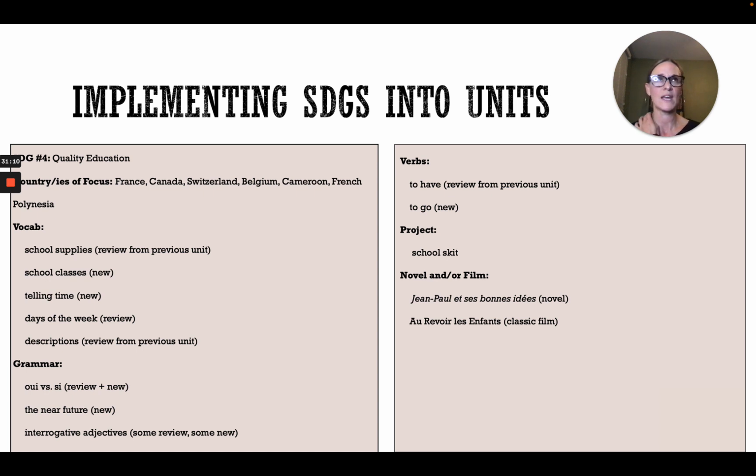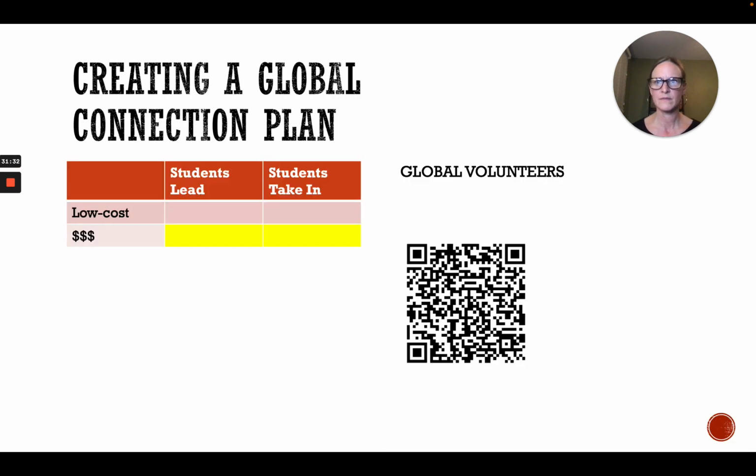We also, in our unit where we talk about food, talk about what a school lunch menu looks like in a bunch of different Francophone countries. So that really ties into food scarcity and the SDG that goes with that.